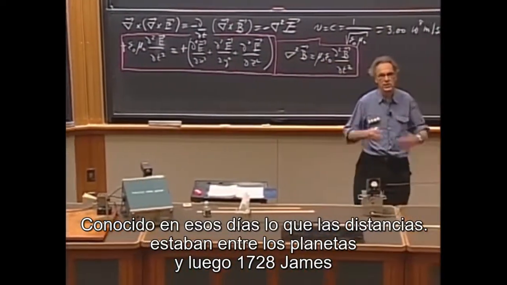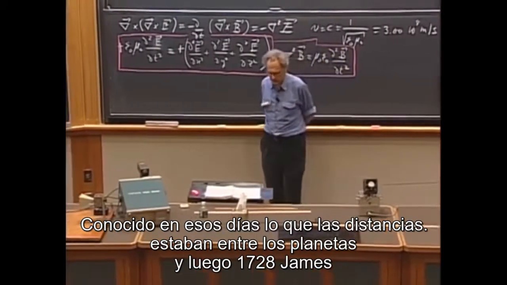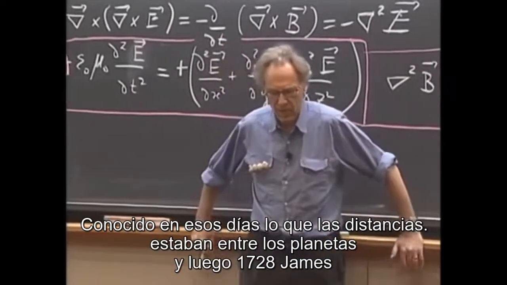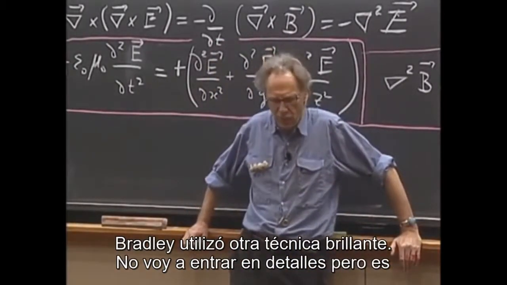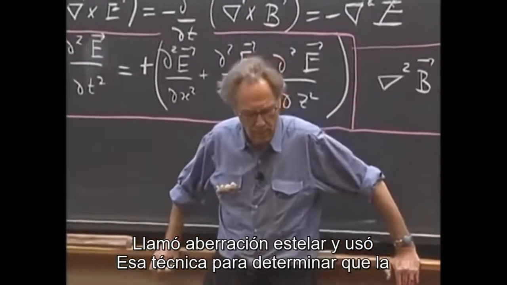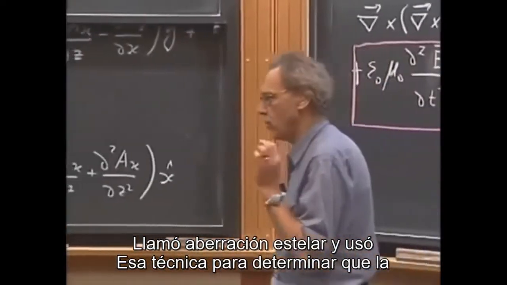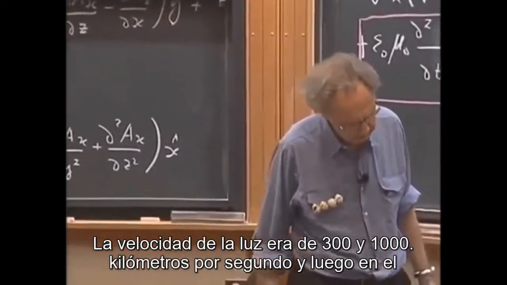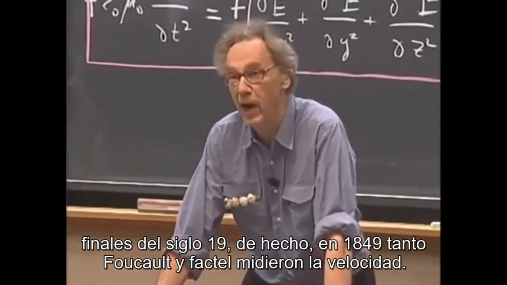The only reason why he was on the low side is that it wasn't well known in those days what the distances were between planets. And then in 1728, James Bradley used another brilliant technique. I will not go into the details, but it's called stellar aberration, and he used that technique to determine that the speed of light was 301,000 kilometers per second.